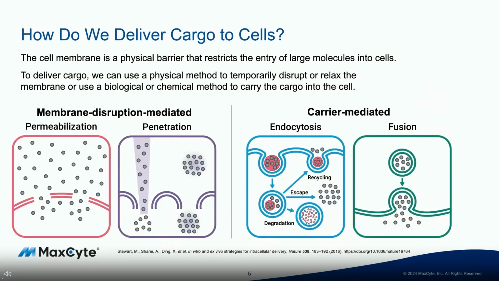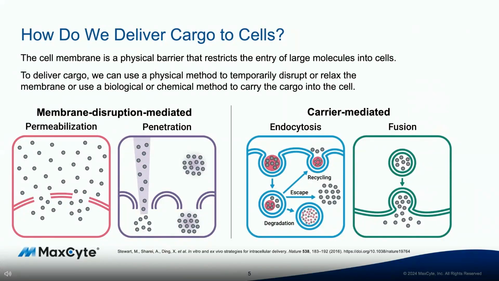So how do we deliver cargo into cells? The cell membrane is a physical barrier that basically prevents the entry of large molecules into the cell. So to deliver that cargo, we need to use a physical or biological or chemical method to carry that cargo into the cell. The physical method usually involves permeabilizing the membrane or penetrating the membrane with mechanical approaches such as squeezing or electroporation, or chemical means like soft detergents.